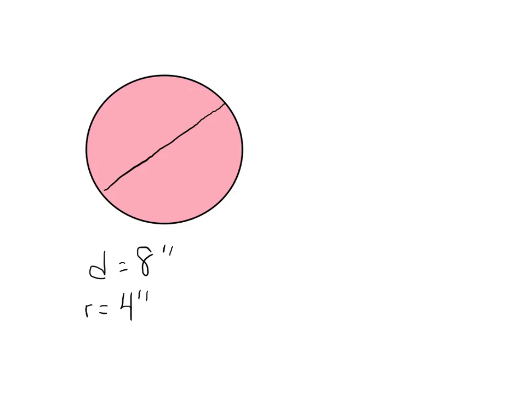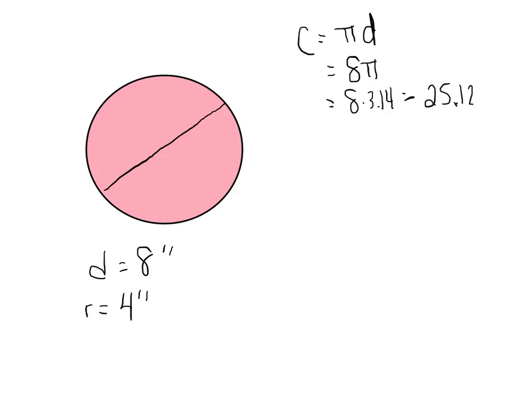So when I look at my circumference, I might choose to use pi times diameter. In other words, it's going to be 8 pi, so 8 times 3.14, which would give me 25 and 12 hundredths inches. You notice it's just inches, like perimeter was.